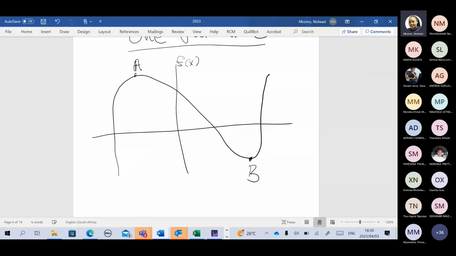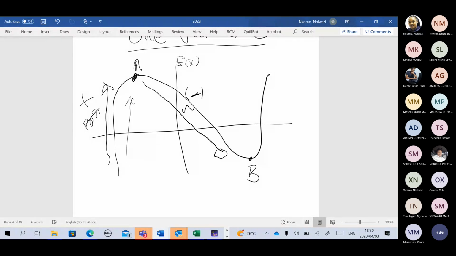See here, our slope is positive. Okay, let me just write plus. And here, our slope is negative, that's decreasing. Let me just write negative. And we have this point. The point whereby the slope changes, from positive to negative or from negative to positive, we call a stationary point.